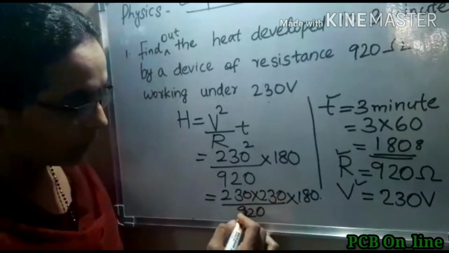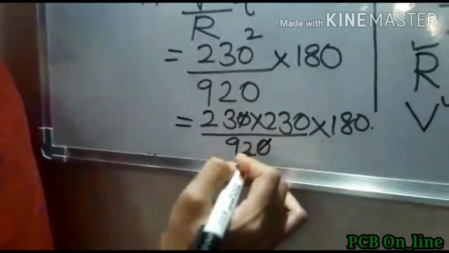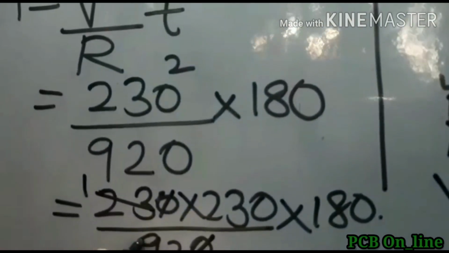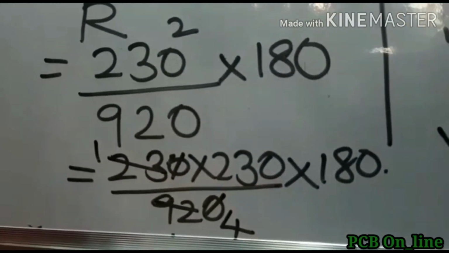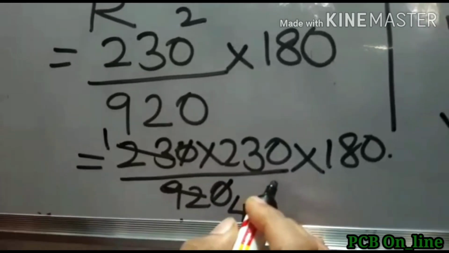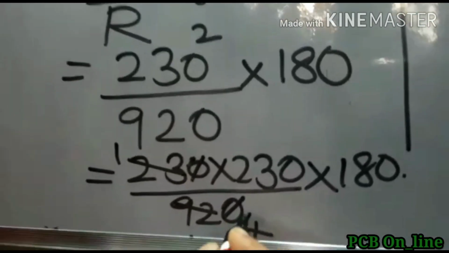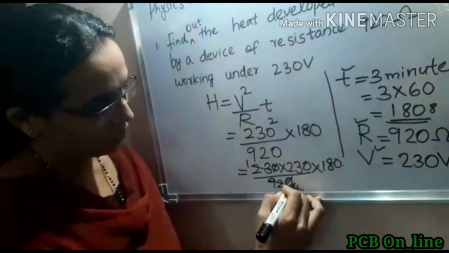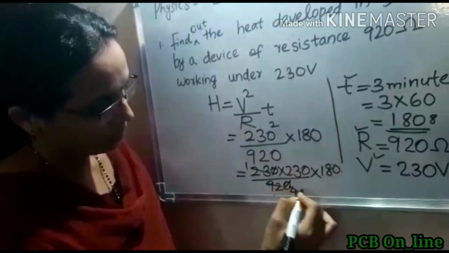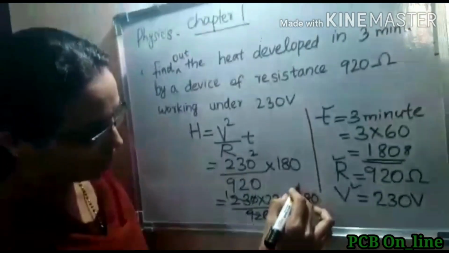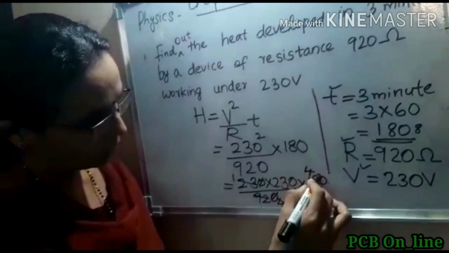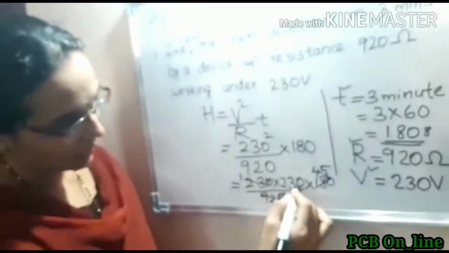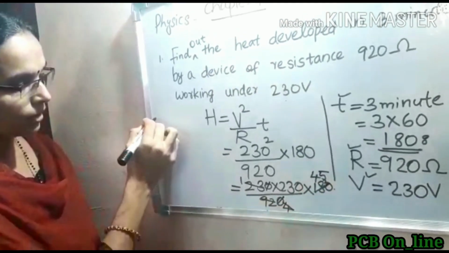Now we have to simplify this. 23 is 4 times in 92 and 180 by 4 is 45. Now we have to multiply 230 into 45.